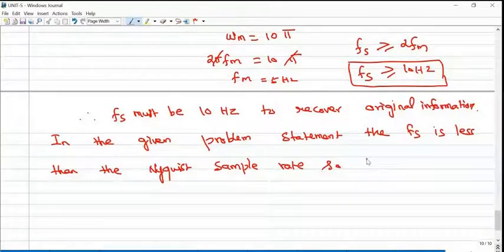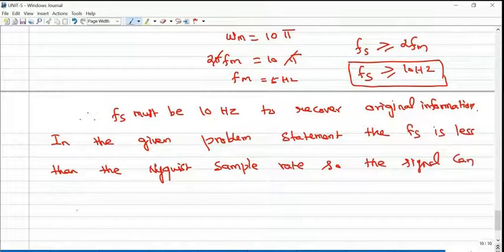So the signal cannot be recovered, or is not recoverable.